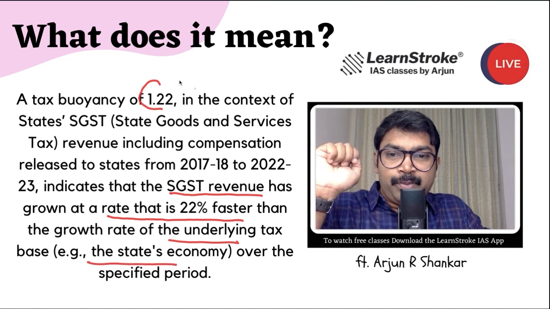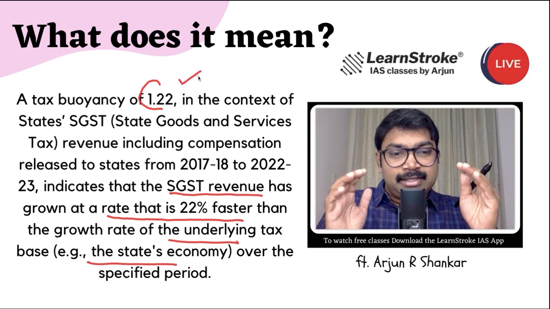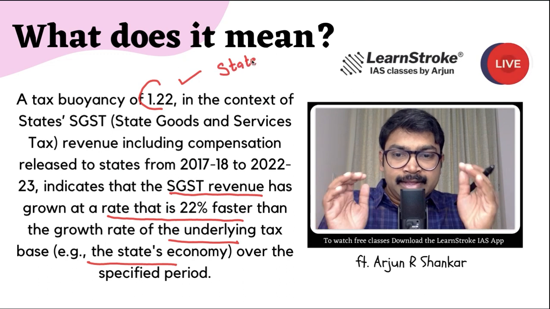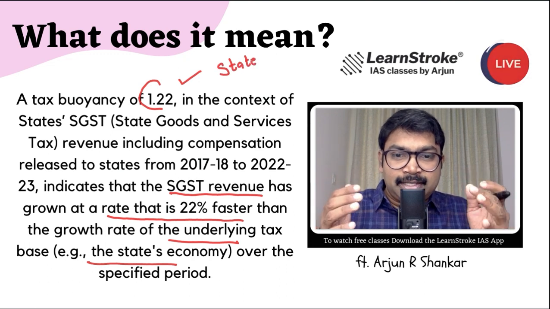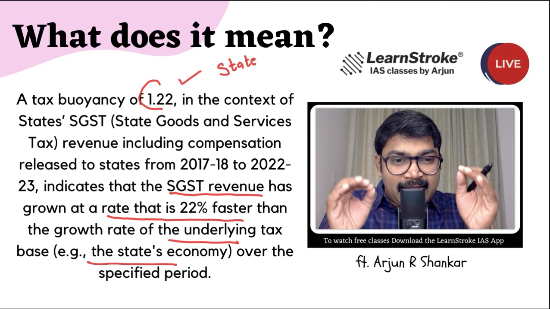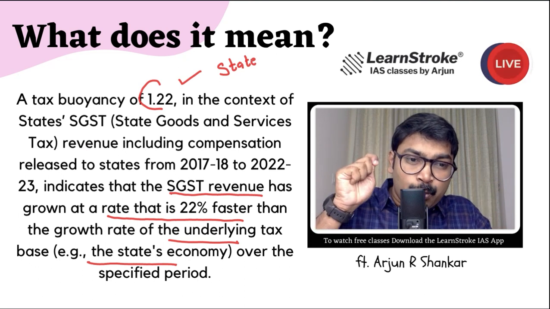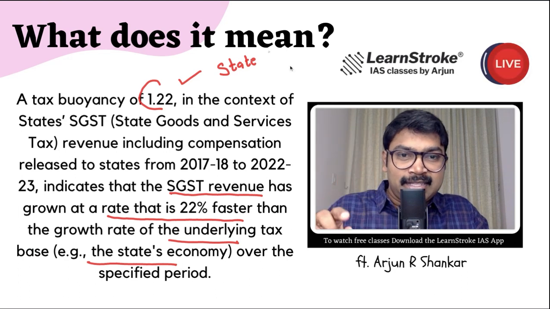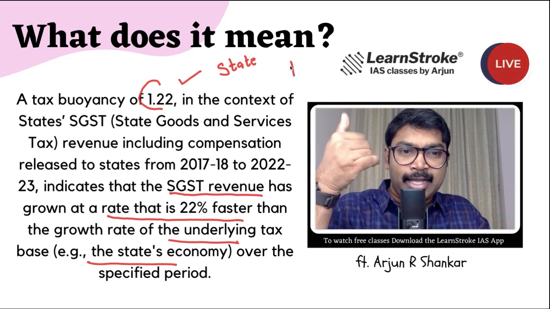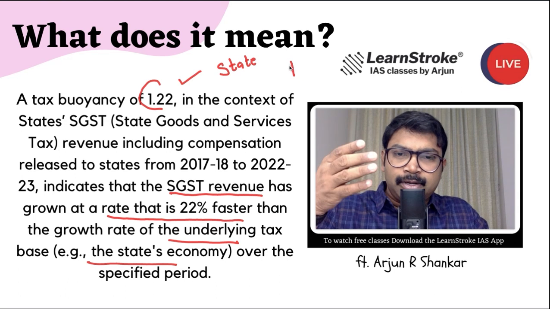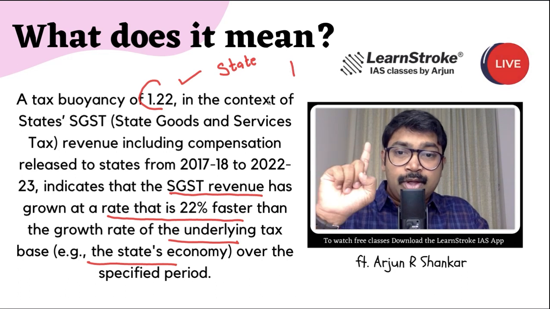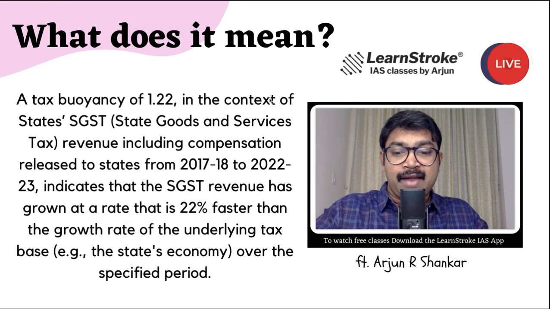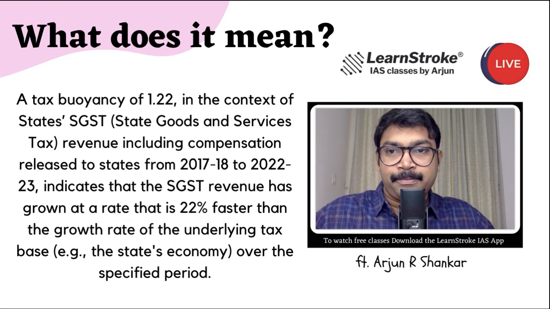So a buoyancy of 1.22 means the state's revenue growth rate has grown faster than the growth of the state's economy. Just like I said, if it is above 1, it has grown much more than the economy. If it is less than that, it is growing slower than the economy. So the state's revenue is growing 22% faster than the state's economy. This is what we have to understand simply from this statement.